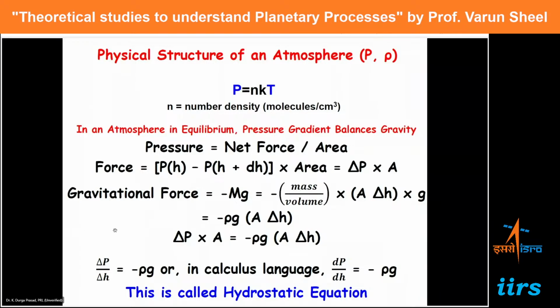Then the counter gravitational force is minus m g, where m is the mass and g is the gravity. In terms of density, you get delta P times delta A equals minus rho g A delta H, where rho is the density. Put in a common form, the rate of change of pressure as a function of height, delta P by delta H, is nothing but the negative product of density and gravity.